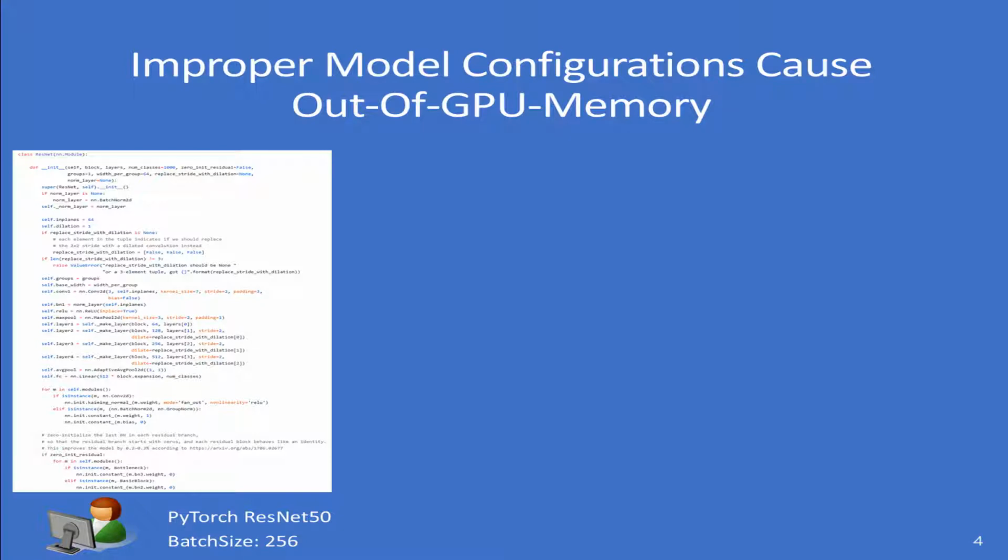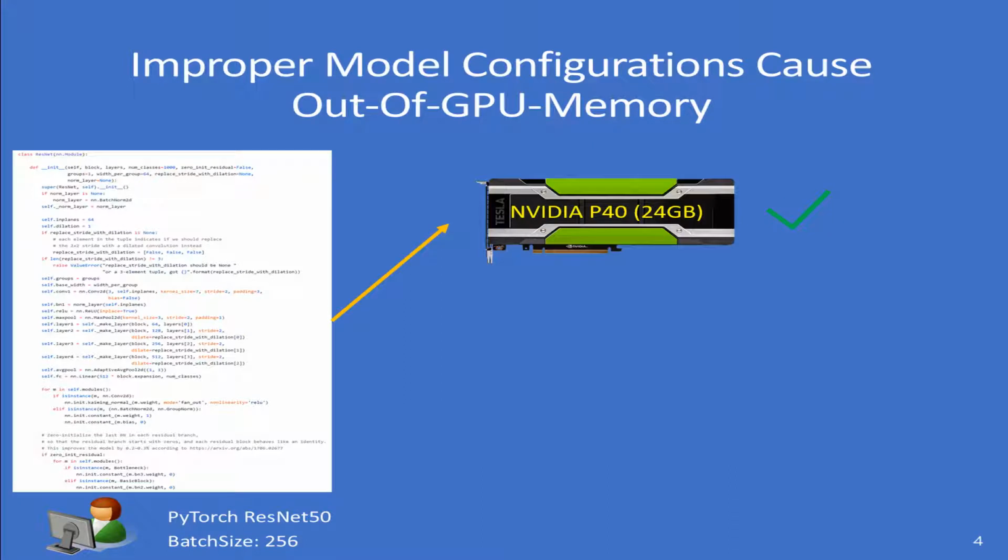However, since the GPU memory consumption by a DL model is often unknown to developers before the training or inference job starts running, an improper model configuration or hyperparameters can cause such a job to run out of the limited GPU memory and fail. For example, as shown in the figure, if a PyTorch ResNet 50 training job with a batch size of 256 is scheduled on the NVIDIA Tesla P40 GPU, it will execute normally and consume about 22 GB memory.